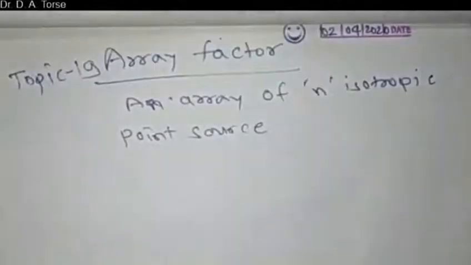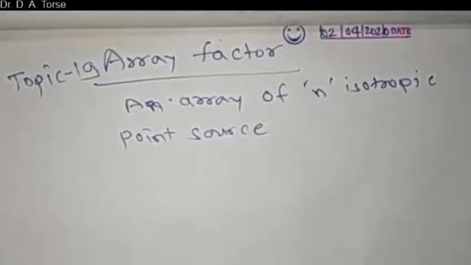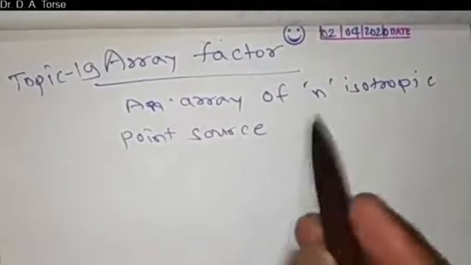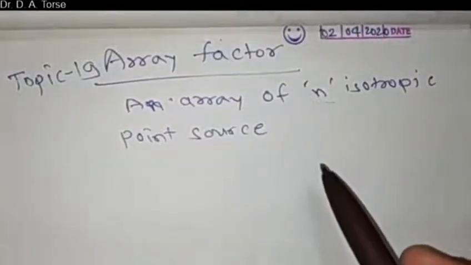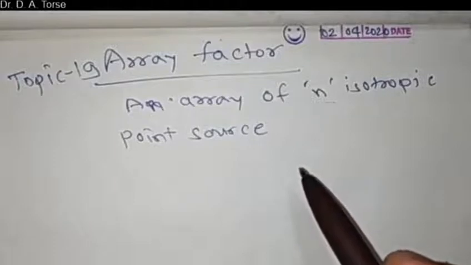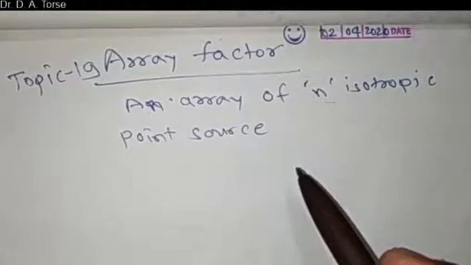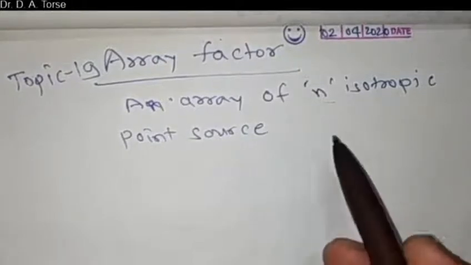So from the previous video, the concept of two isotropic point sources we are going to extend to n number of isotropic point sources, and these isotropic point sources have equal amplitude and the spacing is made such that they form a linear array. So they have equal spacing between the two elements.